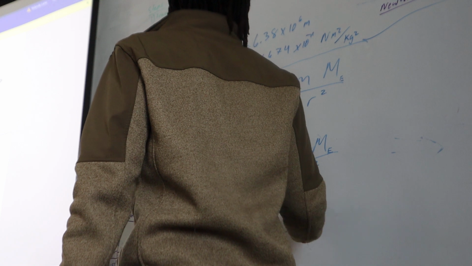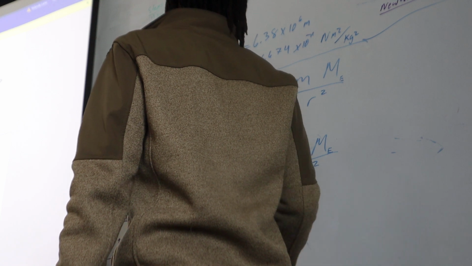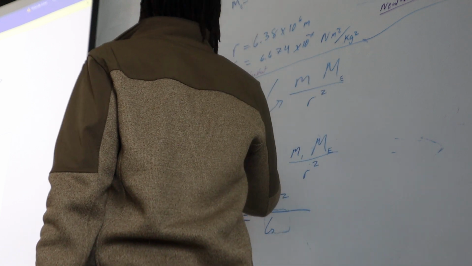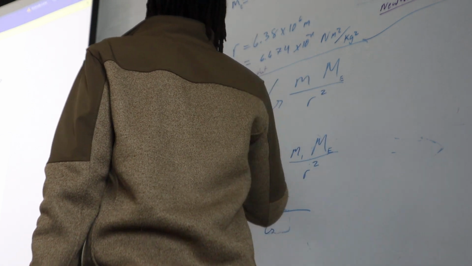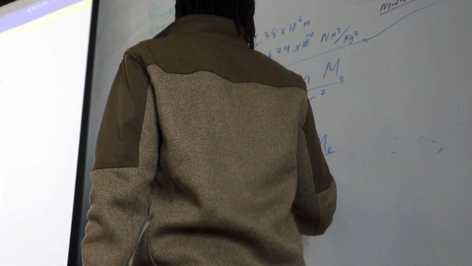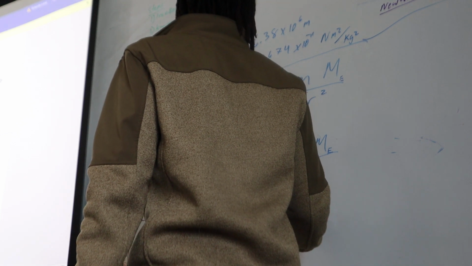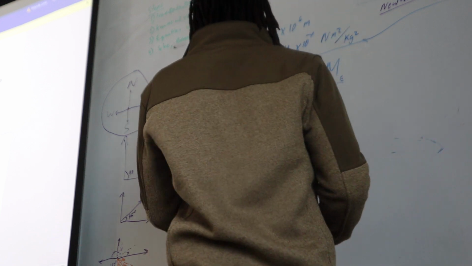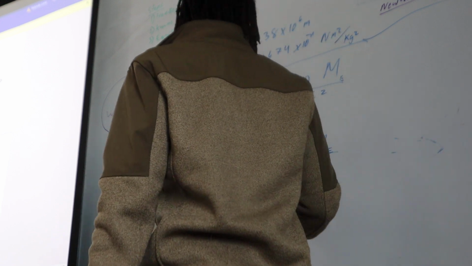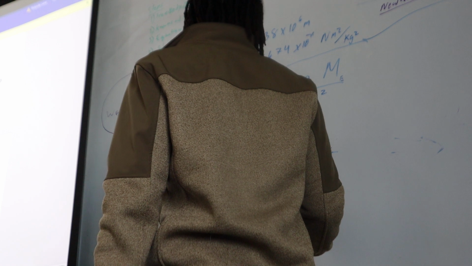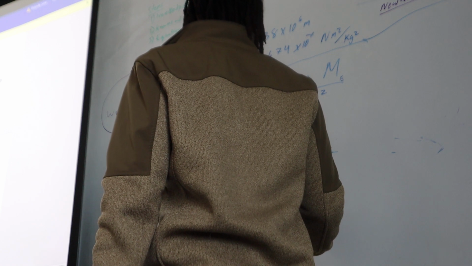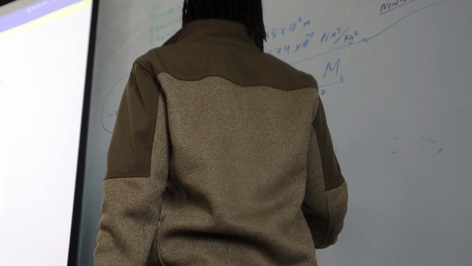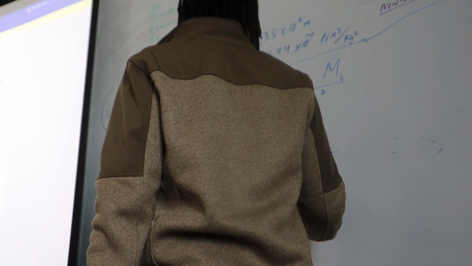We got big G. We got little m and m1. And then G will be on top.